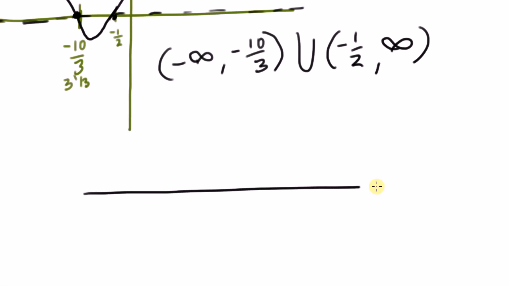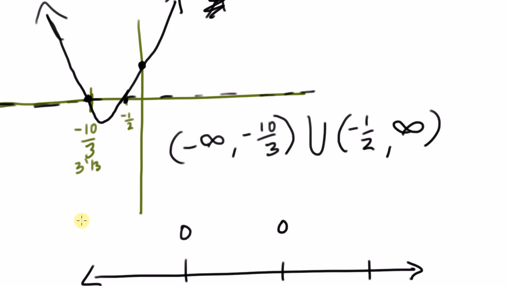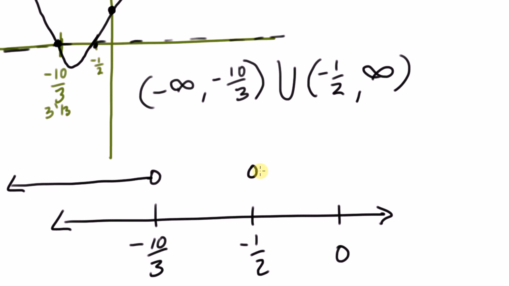And the line graph would look like this. So I have negative 10/3, I have negative 1/2, and I have 0. And I'm going to go from, it's excluding, so these are my zeros. And then we go from here and there.